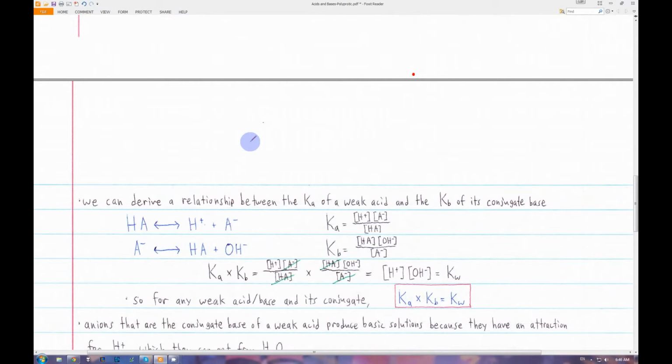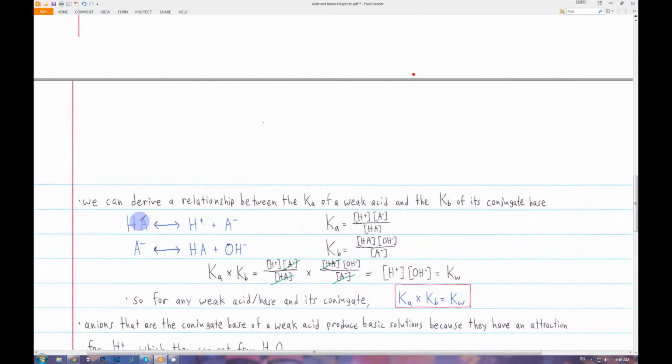So we need a way to figure out the equilibrium constants for the ions from the original acid or base that they came from. We can do this by looking at the equilibrium expressions for both the Ka of a weak acid and the Kb of its conjugate base. And this also works for a weak base and its conjugate acid.